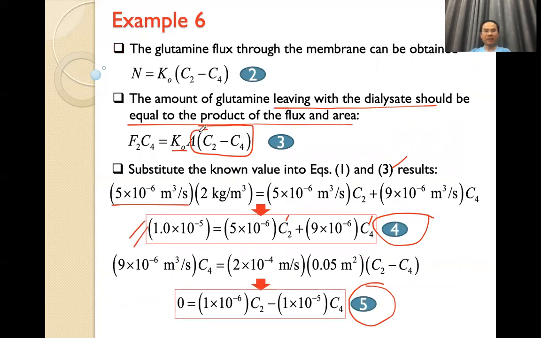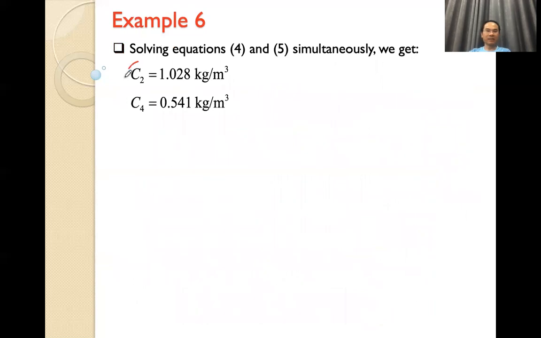And then you substitute all known values into equation 3. F2 you know, C4 is unknown, Ko and A you know, C2 and C4 are unknown. You get two equations. You can solve them simultaneously because you have two equations and two unknowns, C2 and C4. You can solve this manually or by program. And in the end you get the concentrations of C2 and C4.